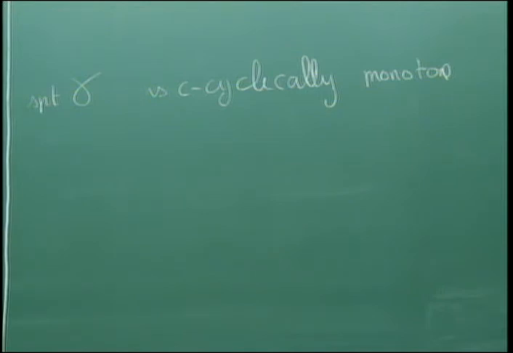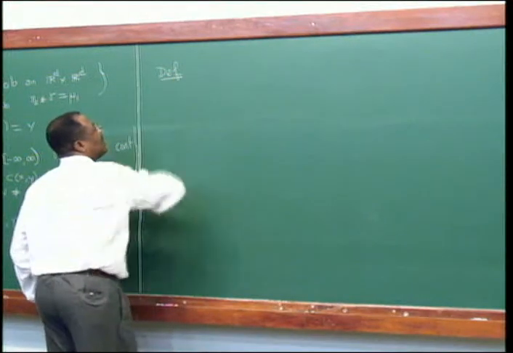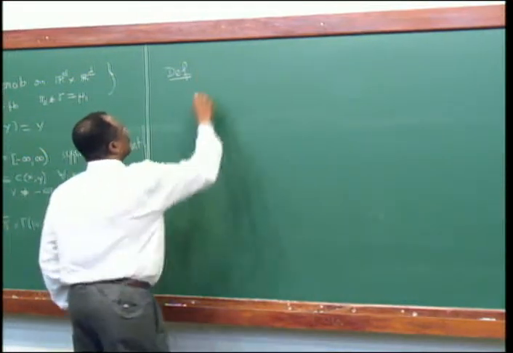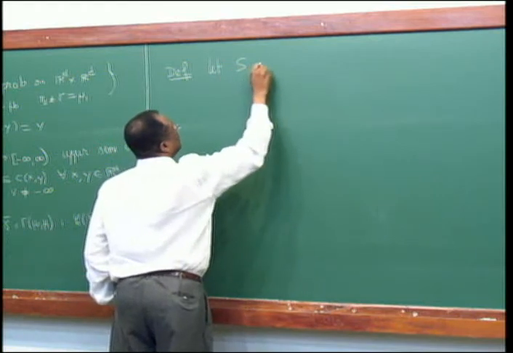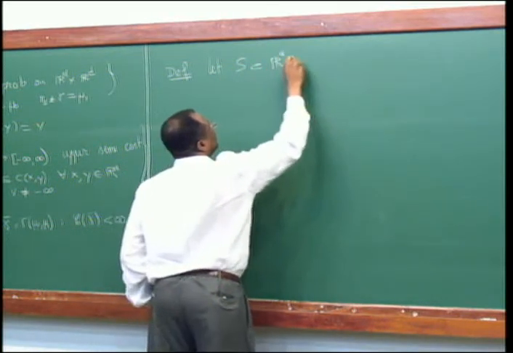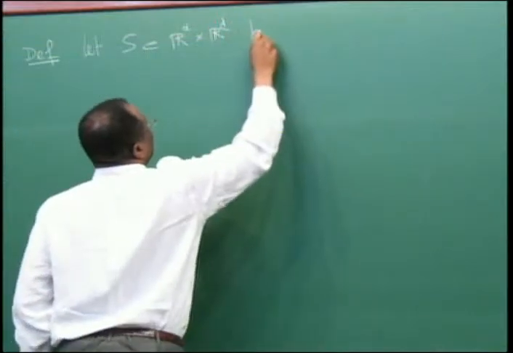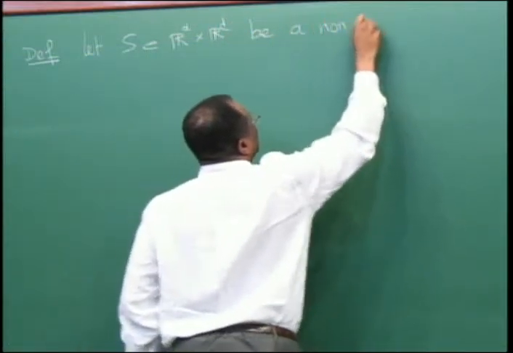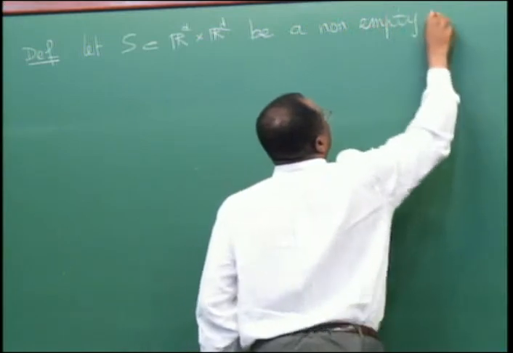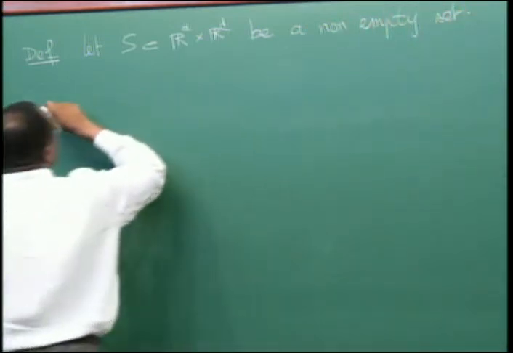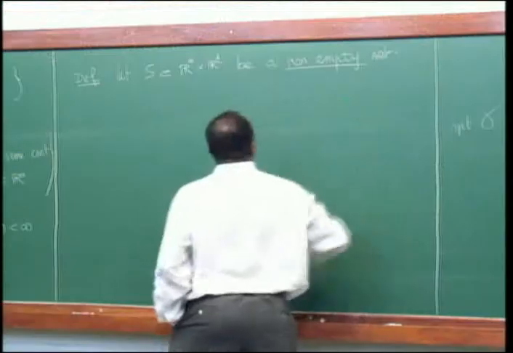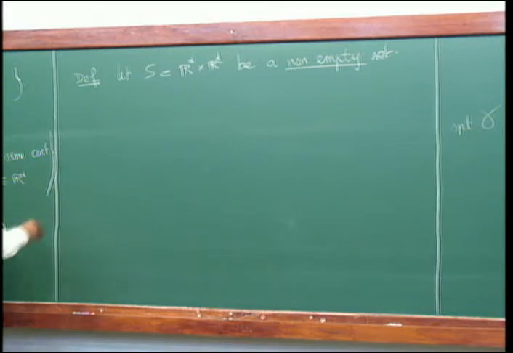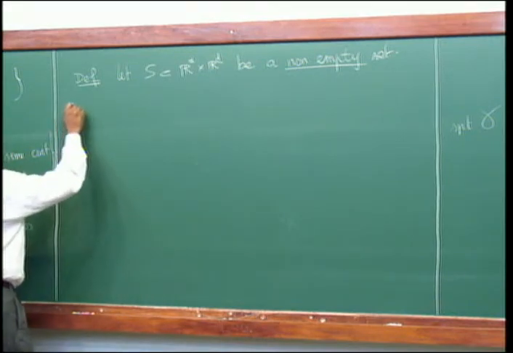So let me start with the definition of C-cyclically monotone. Let S, a subset of R^D cross R^D, be a non-empty set. I am adding non-empty so that I don't have to repeat it, and the empty set is not very useful.